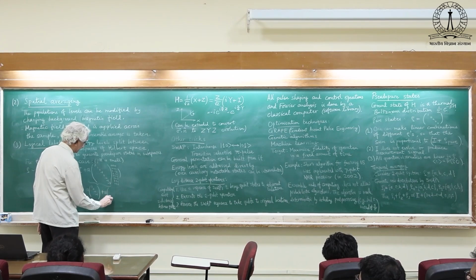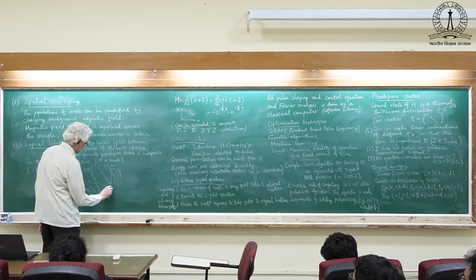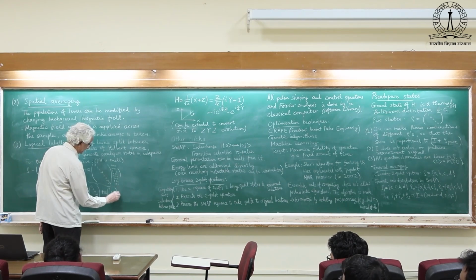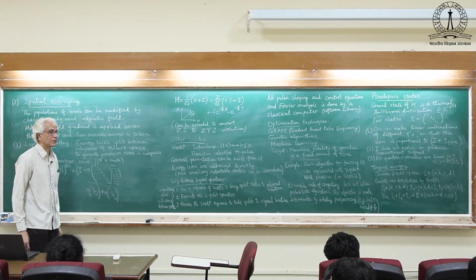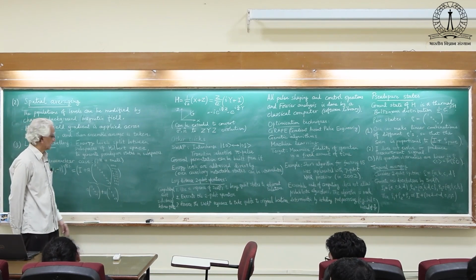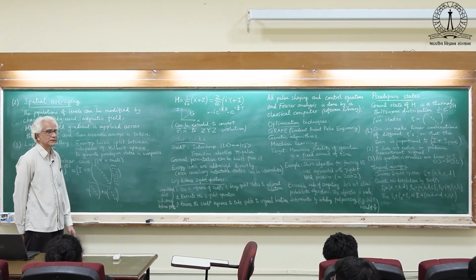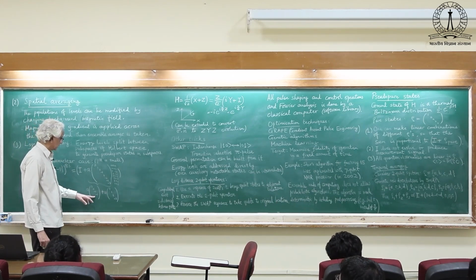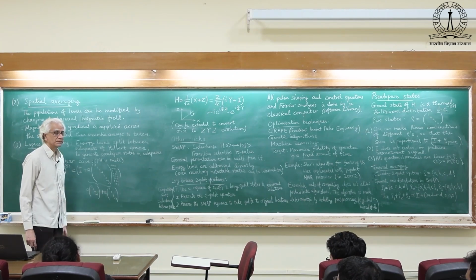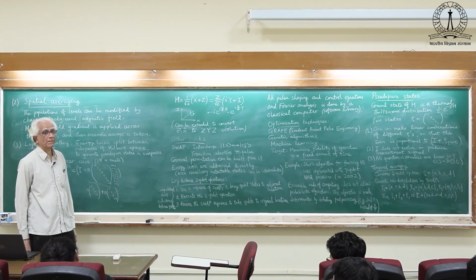And then there is the other half which is kind of complementary. It's a 1, 1, 1 and -3. And the point is that each one of them gives a pseudopure state.